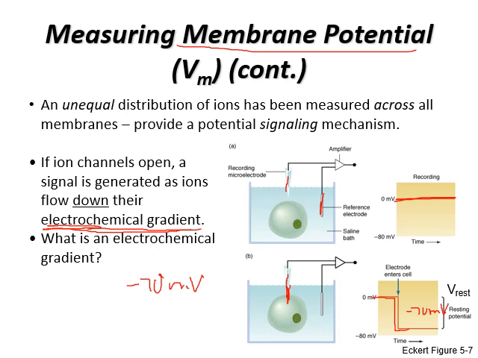You've seen this before: we have sodium high outside and sodium low inside. That is the chemical gradient, but we also have an electrical gradient. It is more negative inside than it is outside.